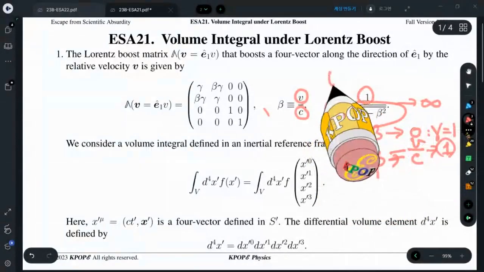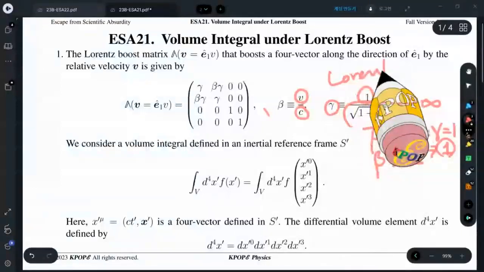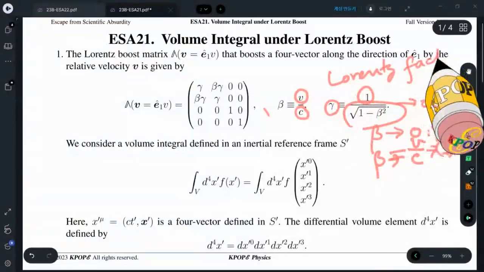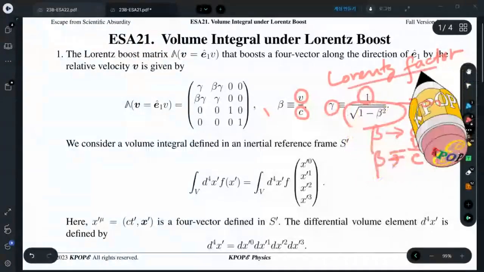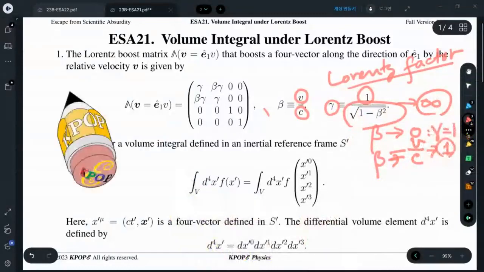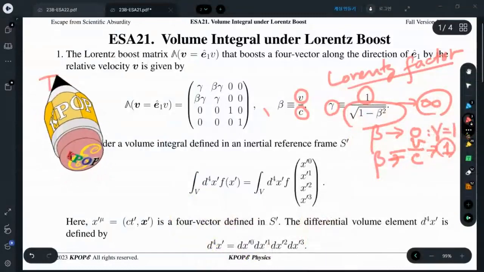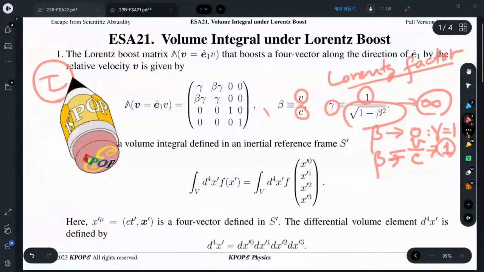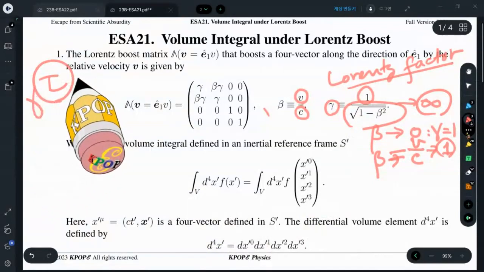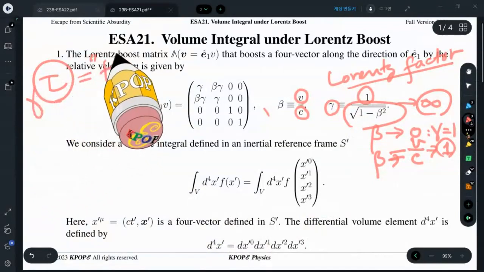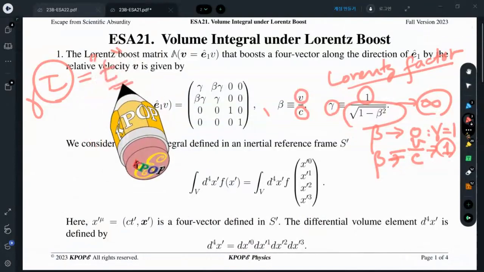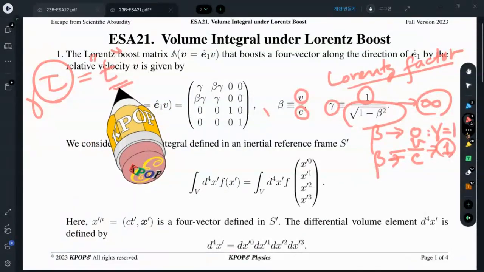So this Lorentz factor approaches infinity. So time dilation: the proper time tau multiplied by gamma is the normal time. This one can be infinity.